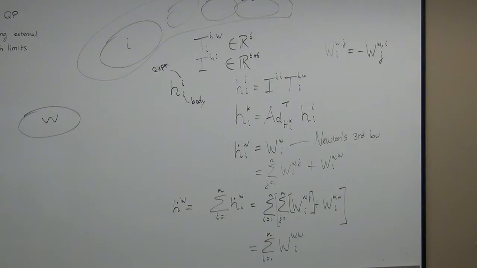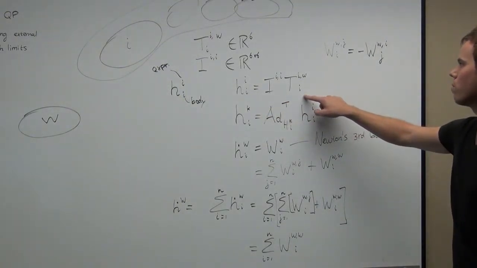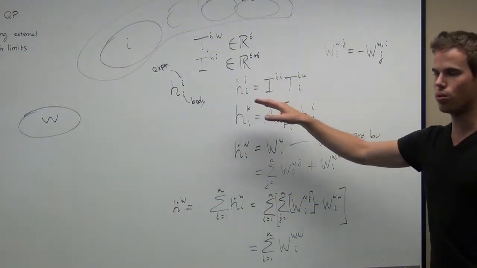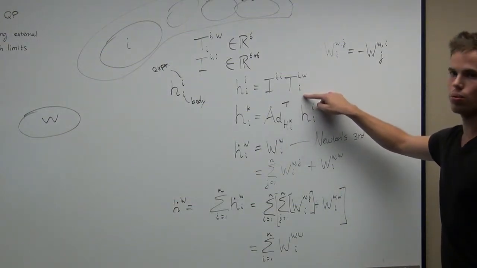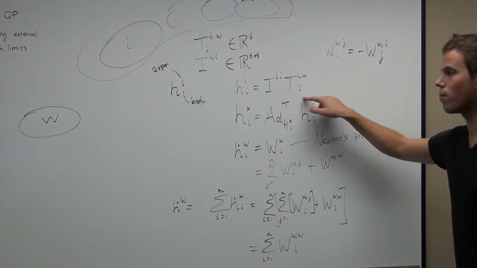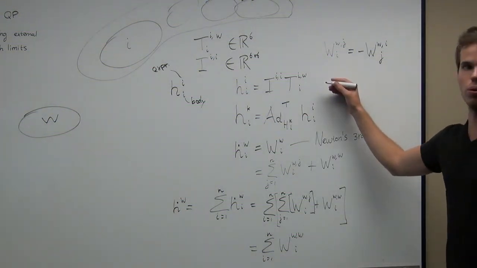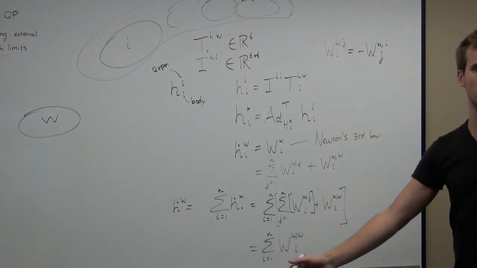And then we also have this equation still. So we have the fact that the momentum of each body individually is a linear function of the twist of the body with respect to the world. And the twist of each body with respect to the world can always be written as a linear function of the joint velocities.